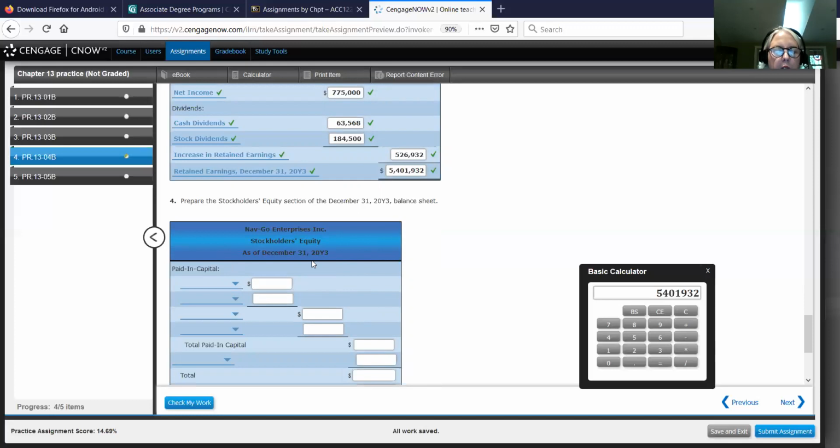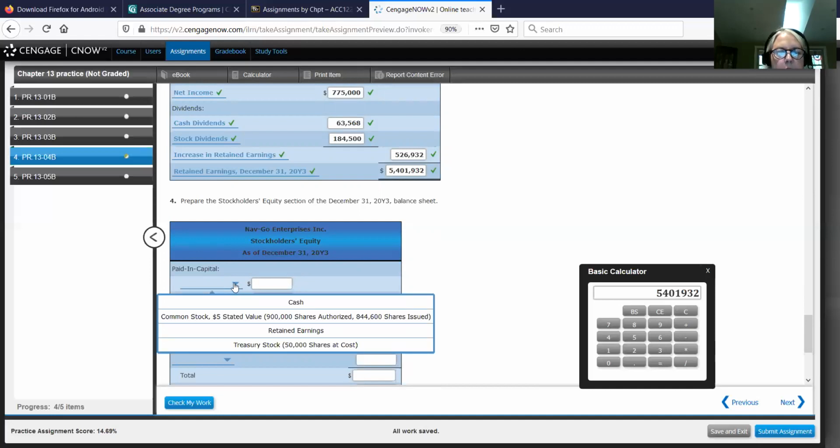The balance sheet is prepared for 1 day and 1 day only. And the stockholders' equity consists of all of your paid-in capital accounts, which are your stock accounts, as well as your paid-in capital in excess of stated value, or paid-in capital in excess of treasury stock cost.